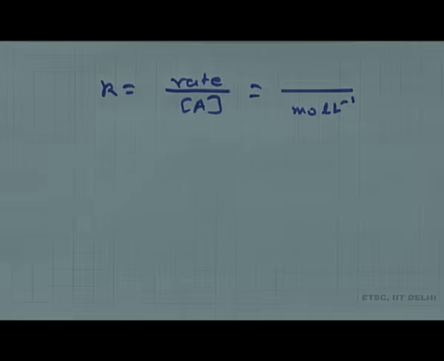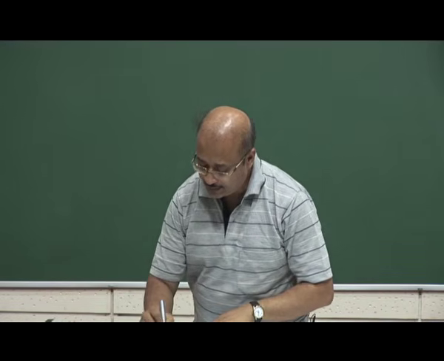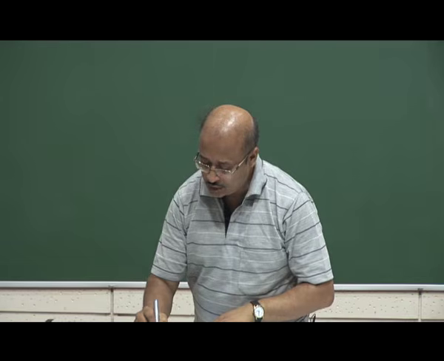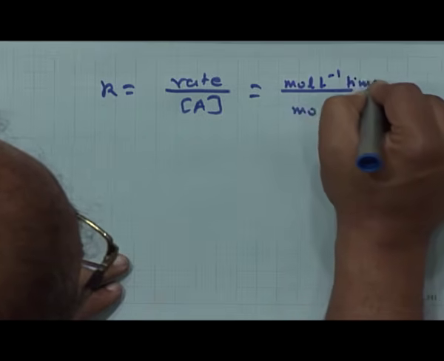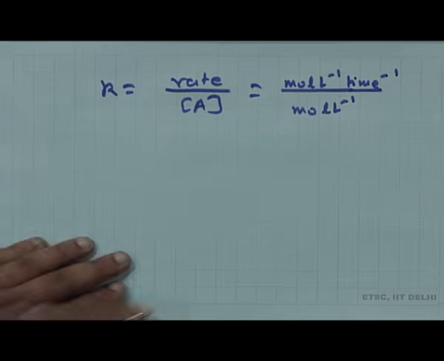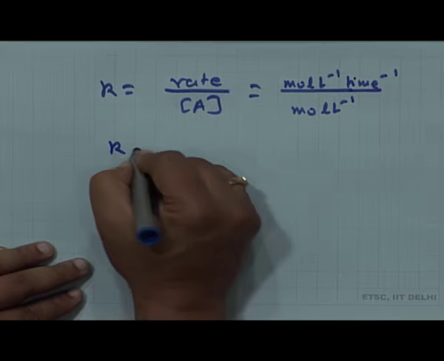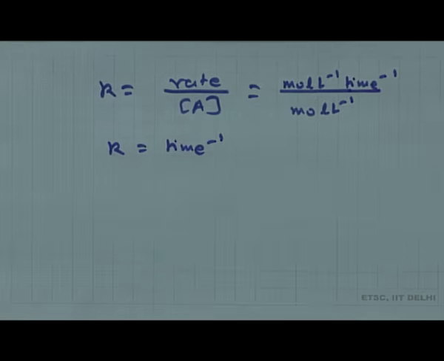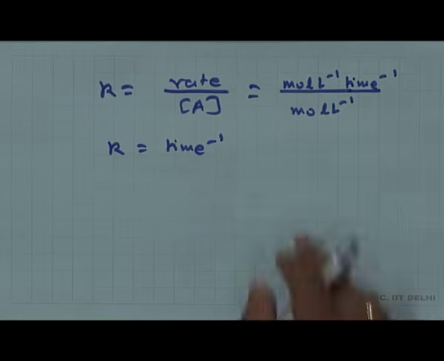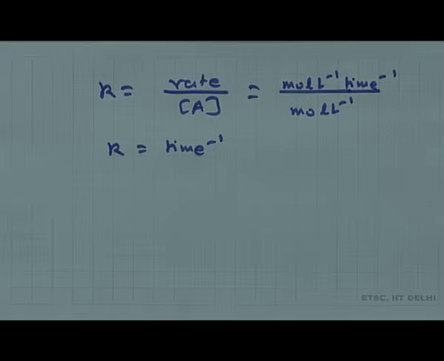Now, remember rate was concentration over time. So, I will be writing moles liter inverse then time inverse, okay, and hence the unit of K will be that of time inverse, right, because these moles per liter cancel from the numerator and the denominator. So, the unit of K is time inverse.